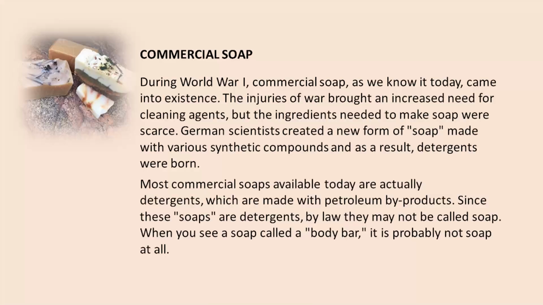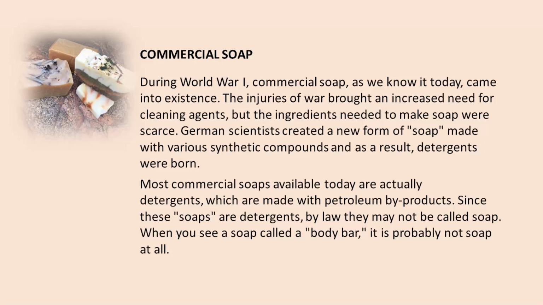But the problem is, with commercial soap, there are so many bad chemicals that they add into the soap to make it soap. You have to have it foaming, so you have to use chemicals for it. During World War I, commercial soap as we know it today came into existence.